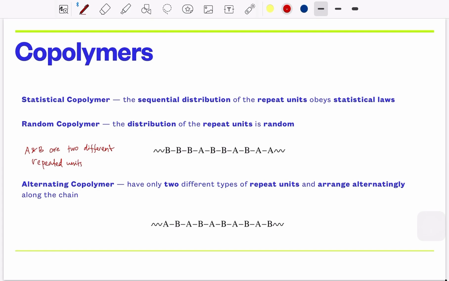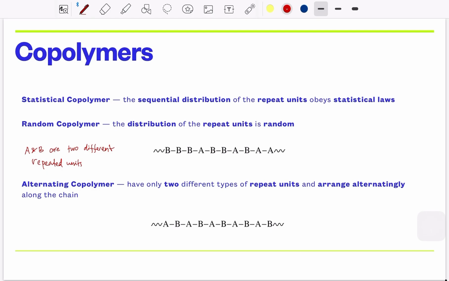So that's why it's different from the nylon that we discussed. Nylon we can consider as a homopolymer because it's repeated all the time, the same. But here the two different units, we could say it's practically random.